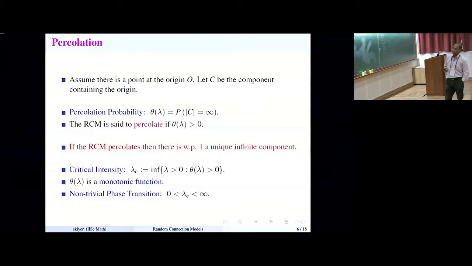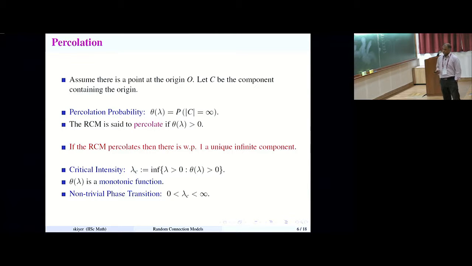So the random connection model is said to percolate if theta lambda is positive. With positive probability, the origin is part of an infinite component. Standard techniques would tell you that if theta lambda is positive, there would be with probability 1 an infinite component. One can adapt the Burton-Keane kind of argument to show that this infinite component will actually be unique.